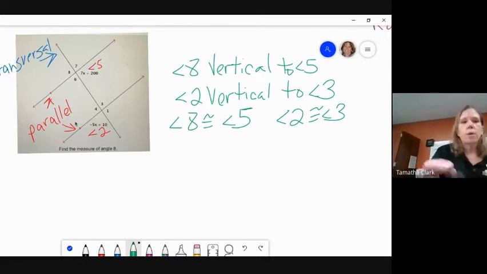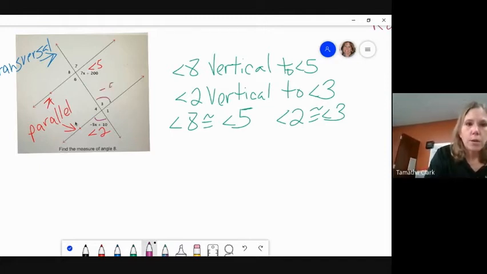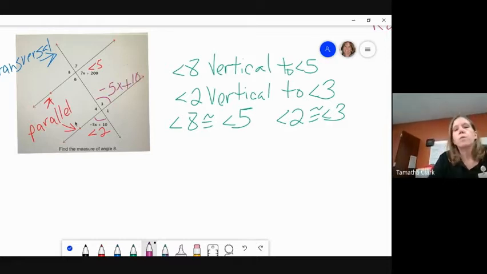They are also congruent. So that's going to be a key to helping us solve these types of problems. With that, if angle 2 is here and we know it's congruent to angle 3, then angle 3 is also equal to negative 5x plus 10. So now that brings in a new relationship.